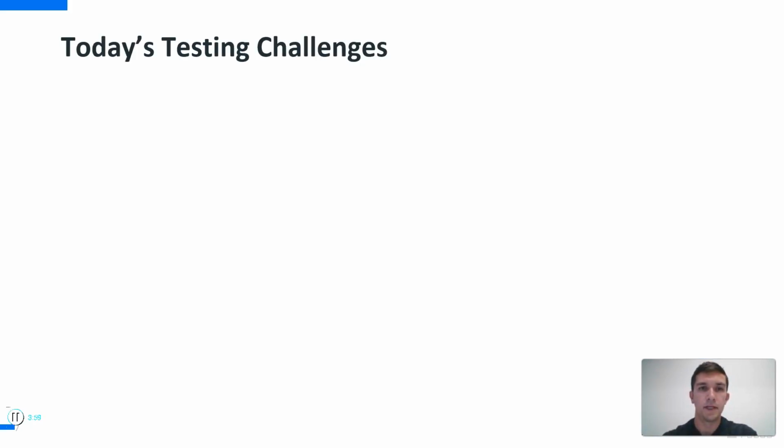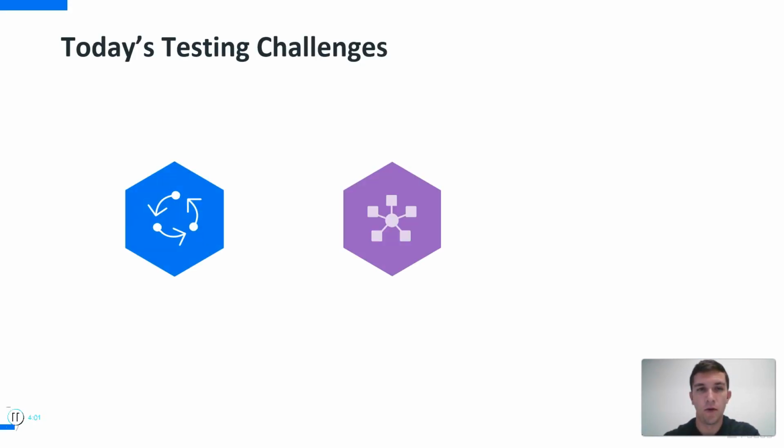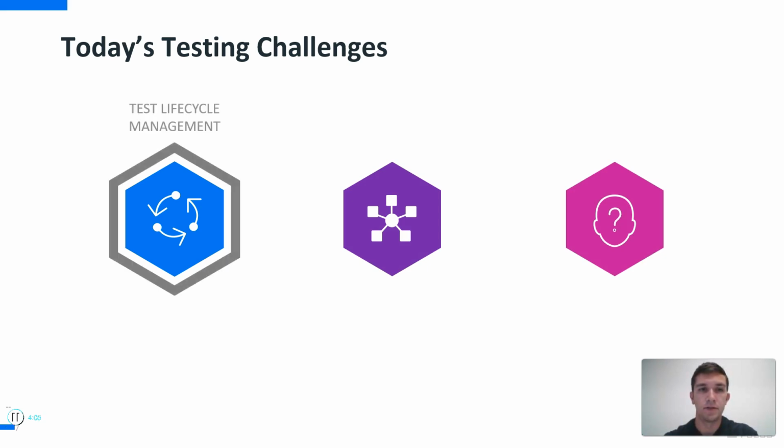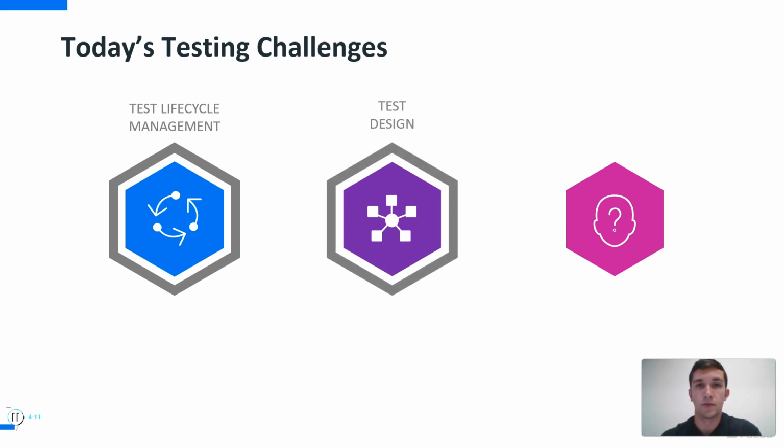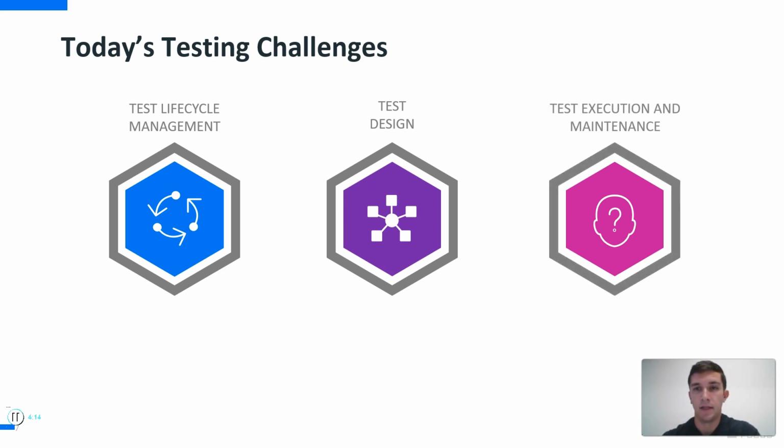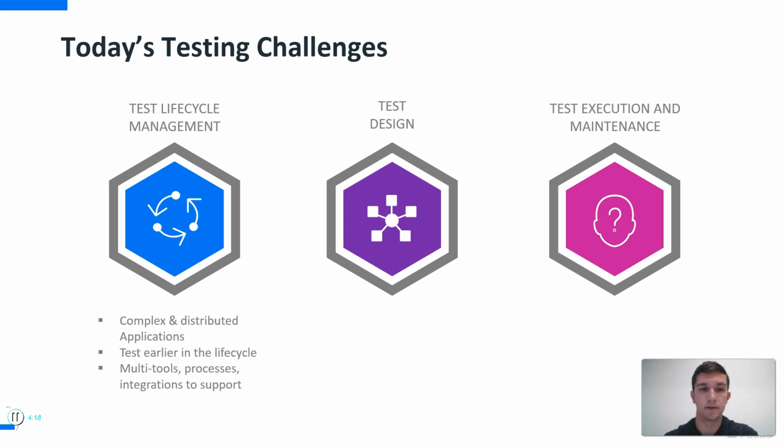So what we've seen with the testing challenges, and this is exactly how StormRunner Functional came about, is we saw the challenges of the test within the lifecycle management, challenges within the test designing itself, and then challenges with test execution and the maintenance of those tests.